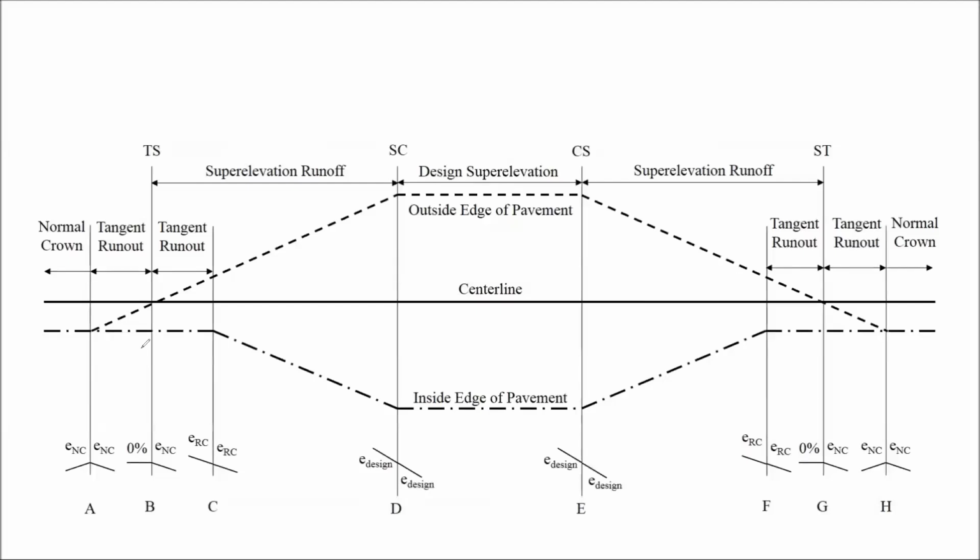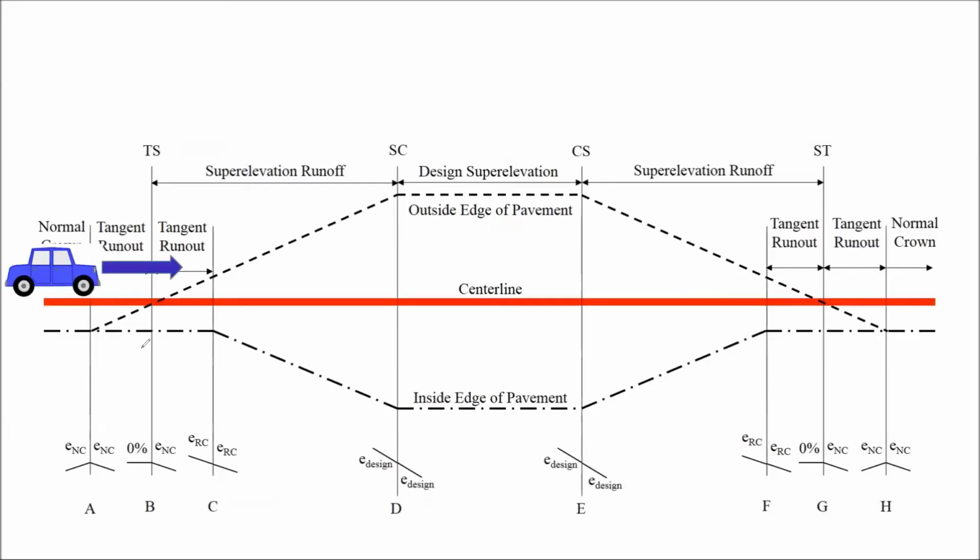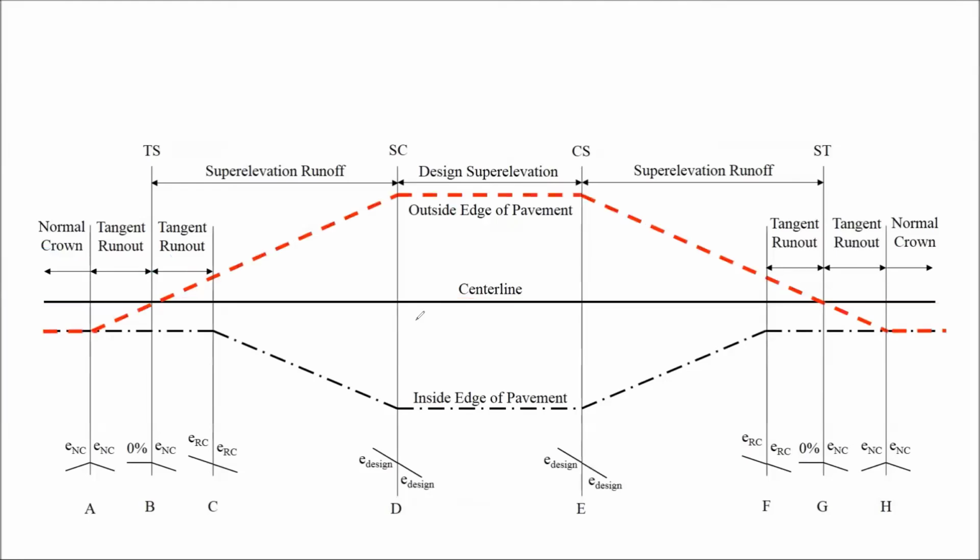The first region is the tangent runout, and the second region is the super elevation runoff, right? So the tangent runout is that movement from the normal crown all the way to the level crown. So look at this one, it's really plain.